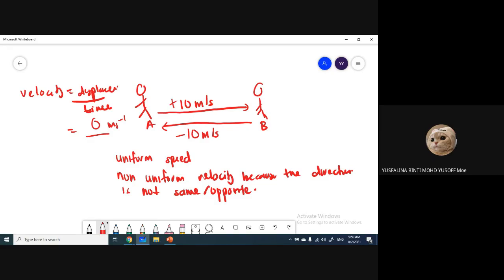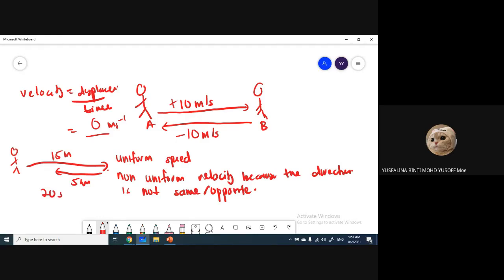Alright. But let's say I give you another example. If you want to calculate velocity, let's say it moves forward 15 meters, and then it moves back 5 meters, in 20 seconds.